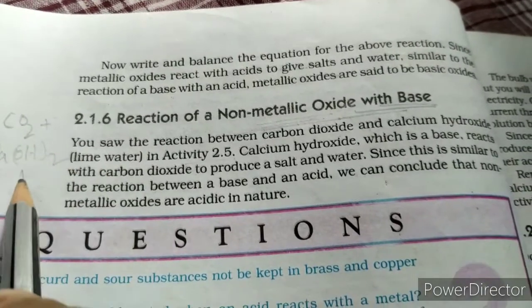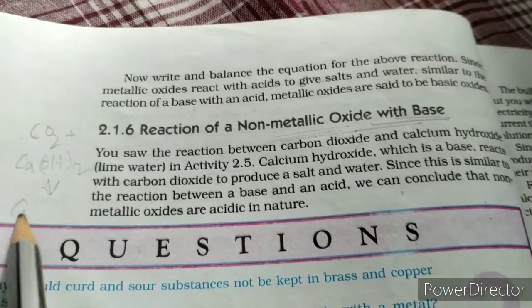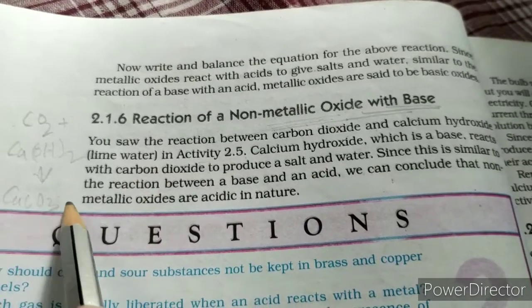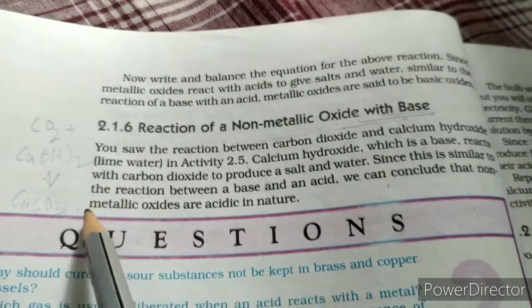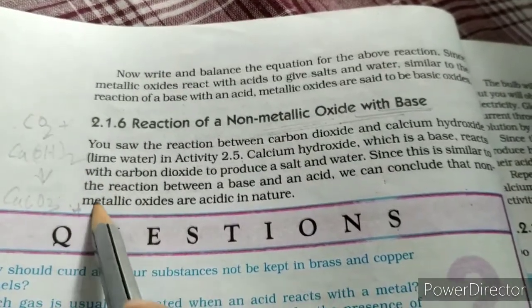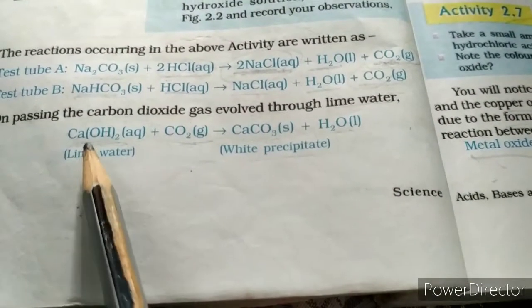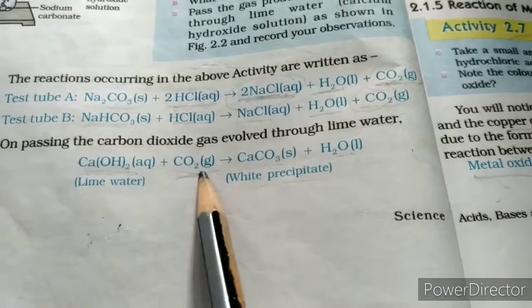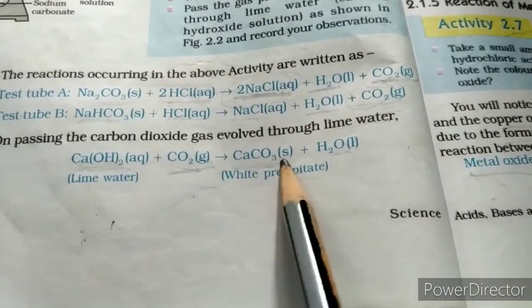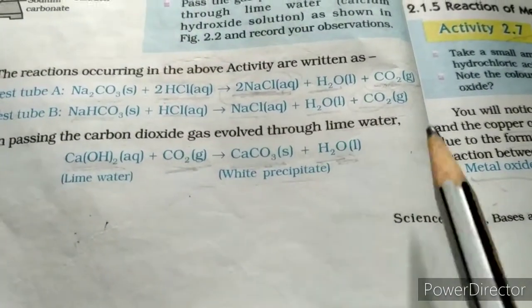When it passes, it will form calcium carbonate, a white precipitate, plus water.